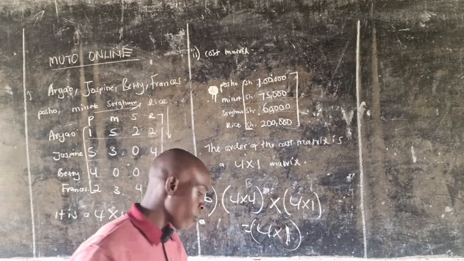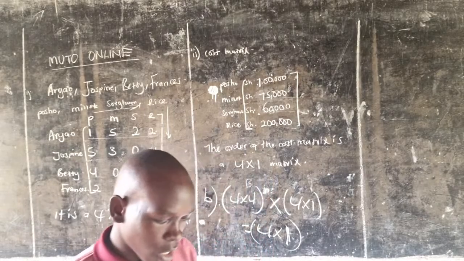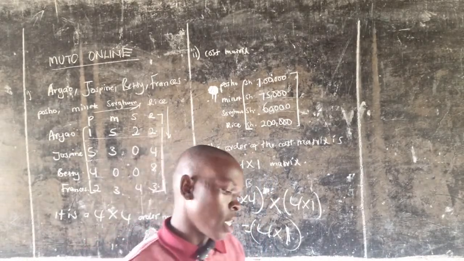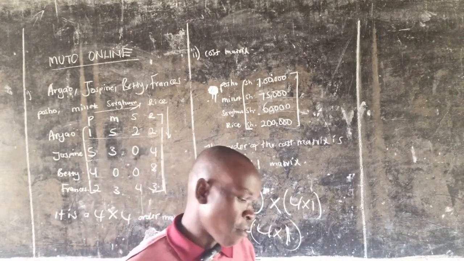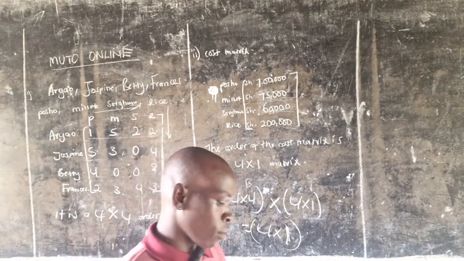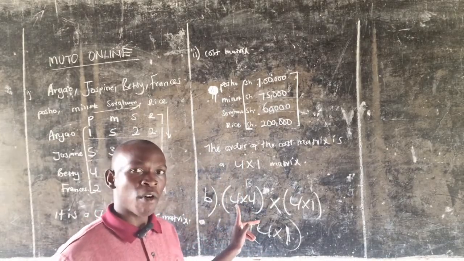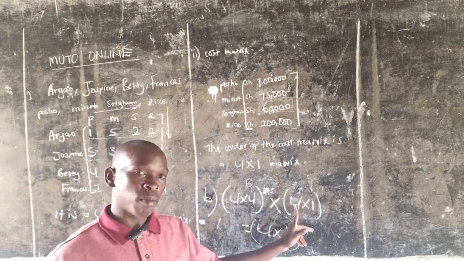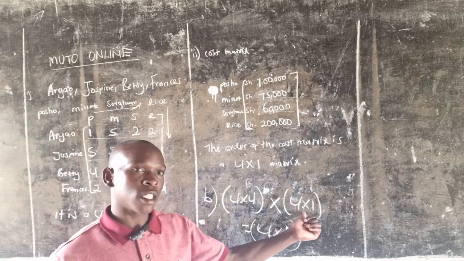That means this part B, using your knowledge of matrix, what do you think is the appropriate order? So you say the appropriate order should be a 4 by 4 order matrix multiplication. However, you have to showcase this first. This is a 4 by 4 or item matrix. You're multiplying it with the cost matrix, which is 4 by 1.